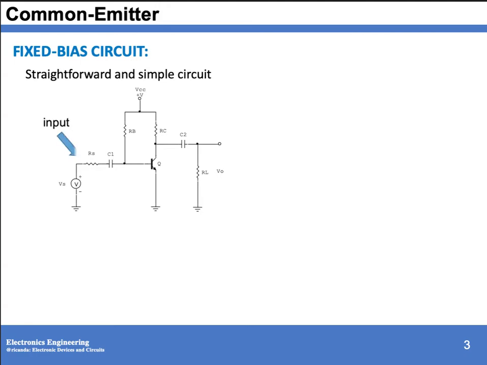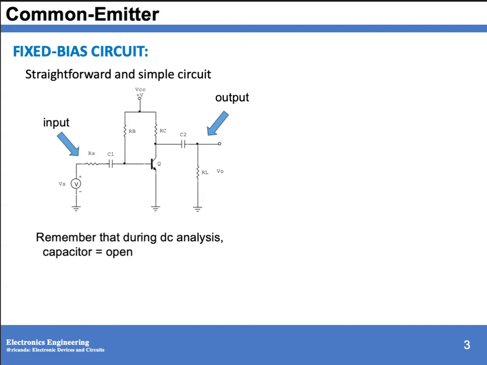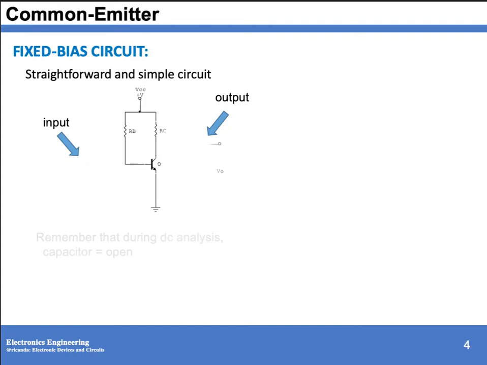So this is our input and this is our output. This is what your amplifier circuit looks like. Remember that during DC analysis, the capacitors are open. So we have only this circuit in DC analysis.